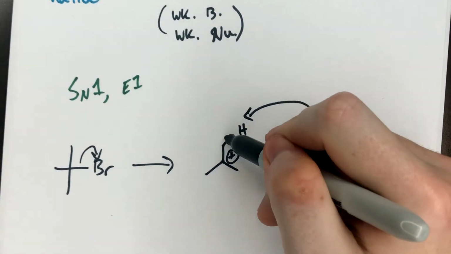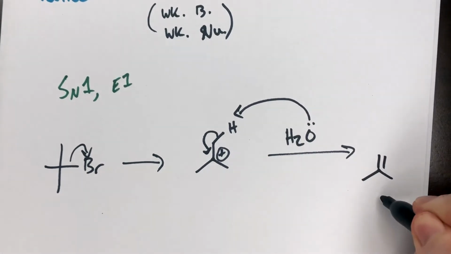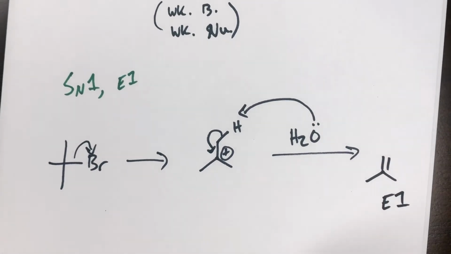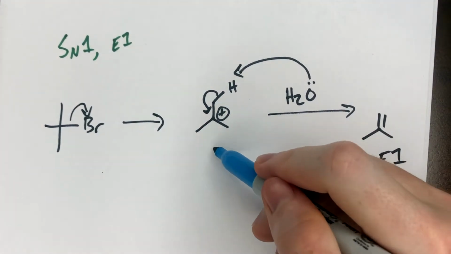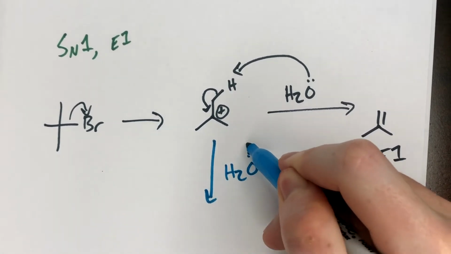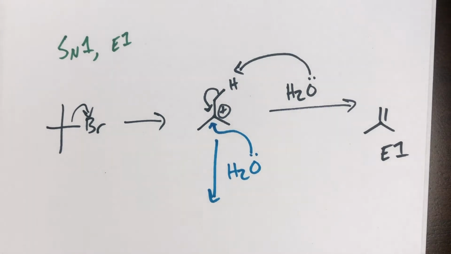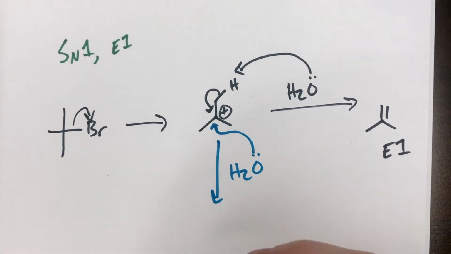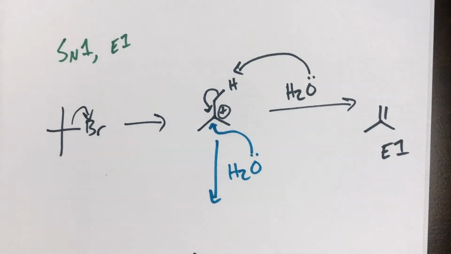Remove this hydrogen, form this alkene, which is your E1 product. Or alternatively, let's draw this in a different color, you can have water function as a nucleophile in which you create this bond at that carbon, the carbocation. So this would make this molecule.